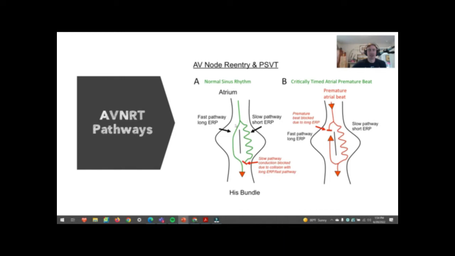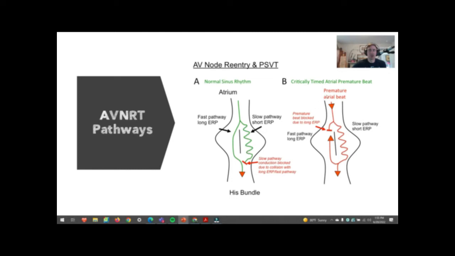Generally, it only goes one way, through the AV node to the His bundle. It is generally only able to go this one direction, this one pathway, because the other pathway is refractory. It doesn't normally travel through both ways.